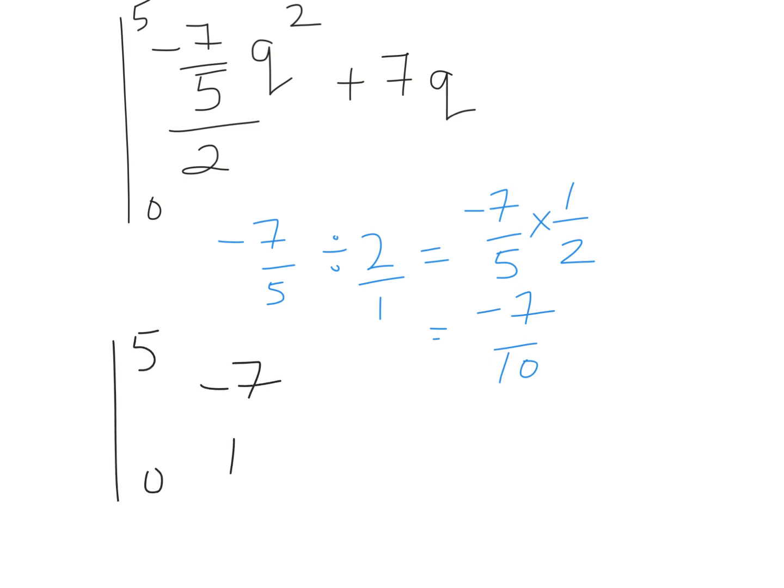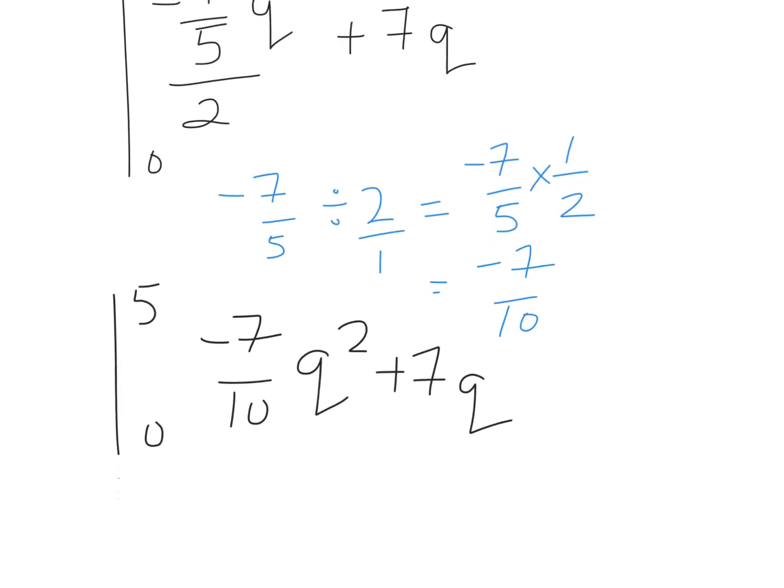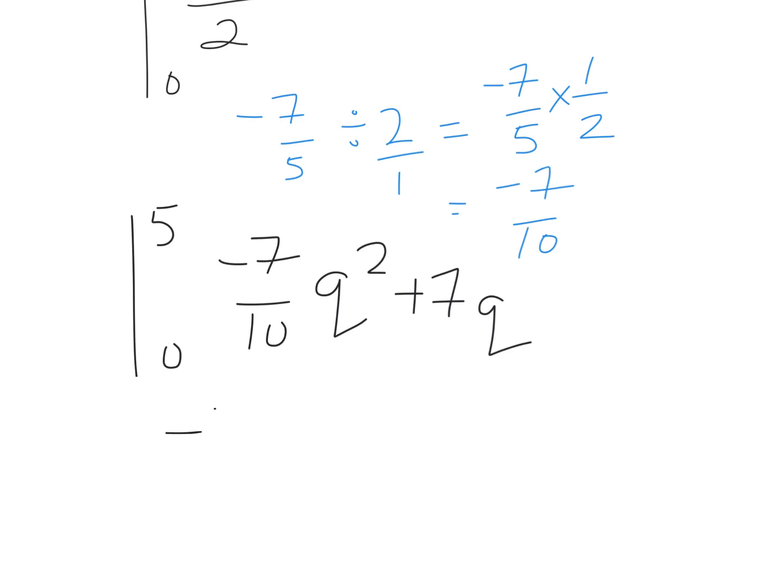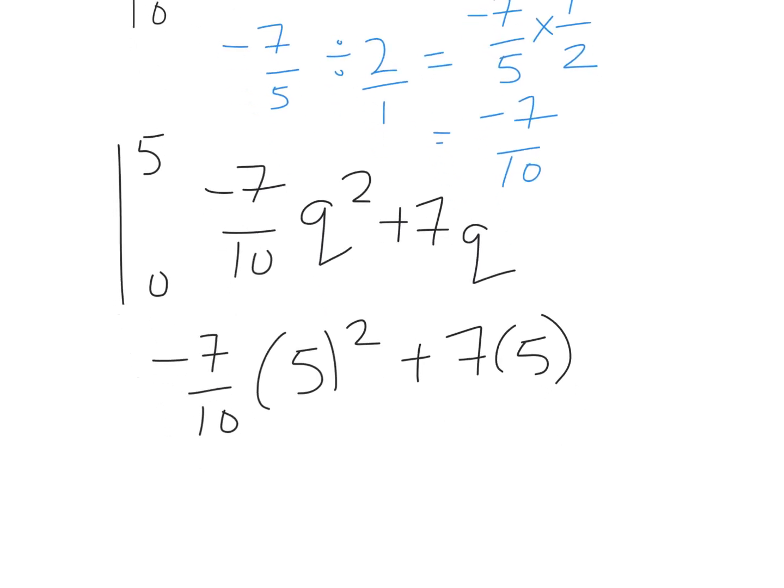Minus 7/10 q squared plus 7q. Now we substitute: minus 7/10 times 5 squared plus 7 times 5, minus 0.